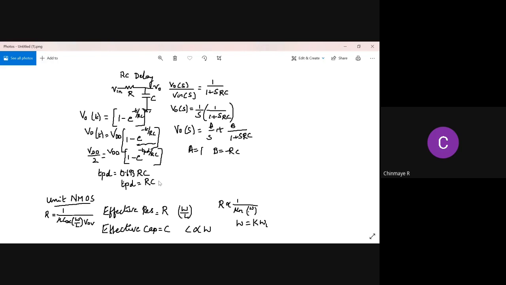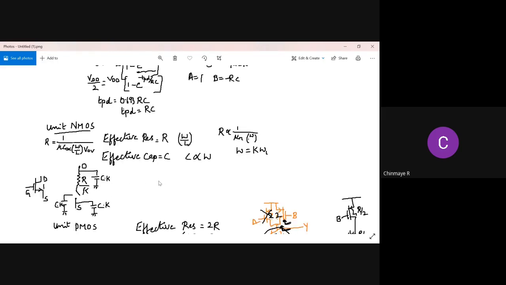Right? And after this, we defined unit NMOS. So basically, whenever we use NMOS as a switch, we know that it's operating in linear region. So from the current equation of linear region, we come up with an expression for the resistance of that switch, which depends on mu n COX, W by L, and the overdrive voltage.